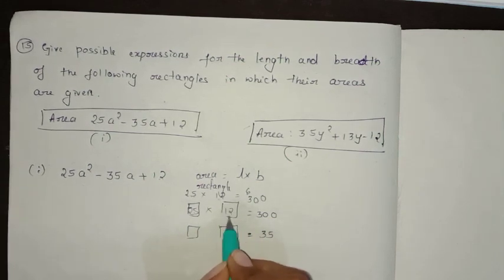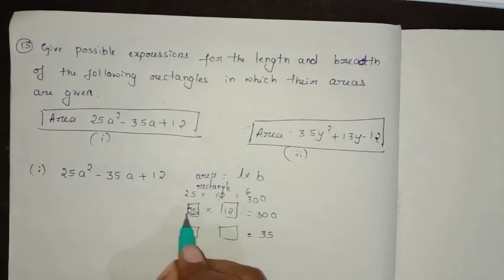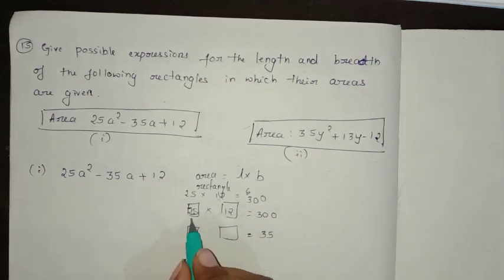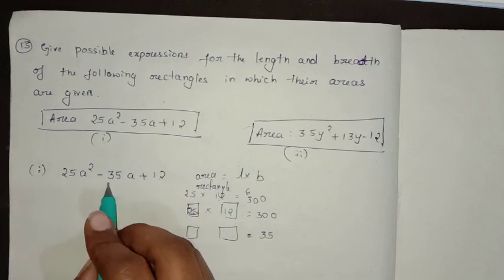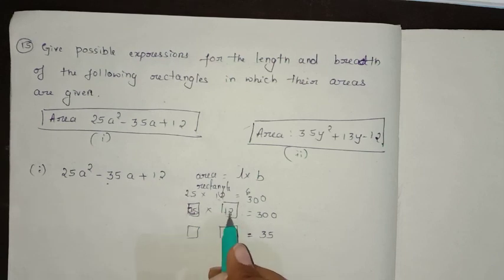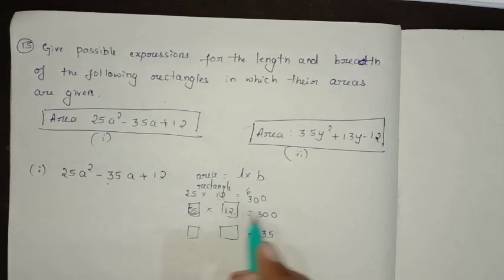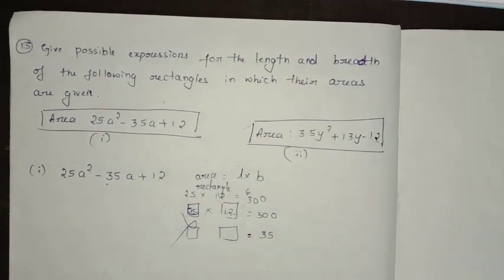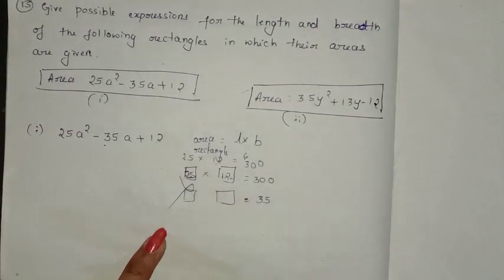Addition: 25 plus 12 is 37, not 35. Subtraction also will not give 35. That means these two numbers we have considered are wrong, so you have to think about others.